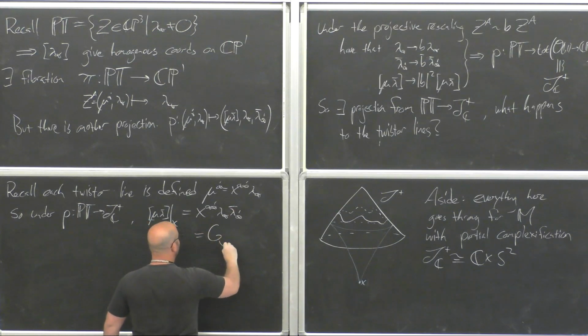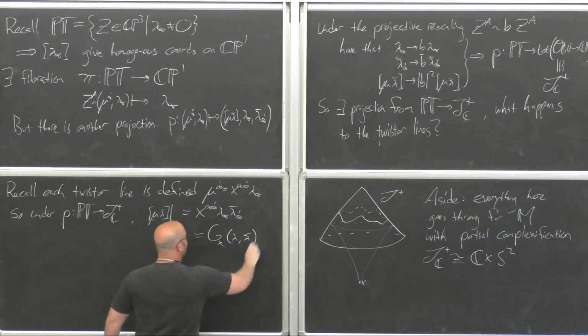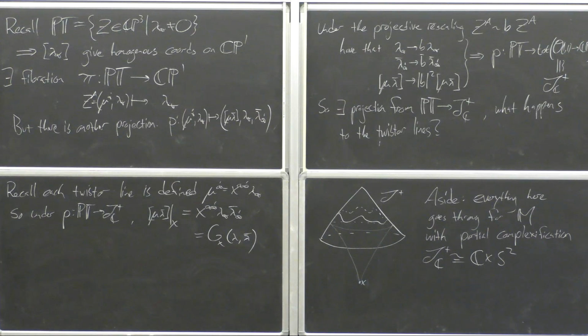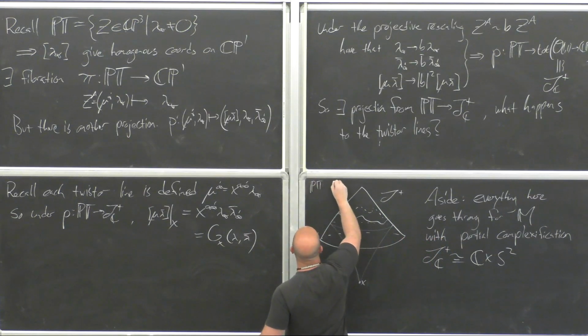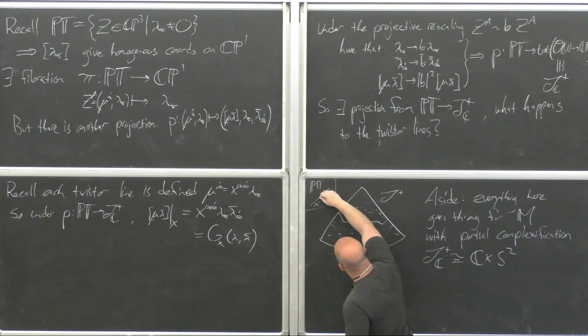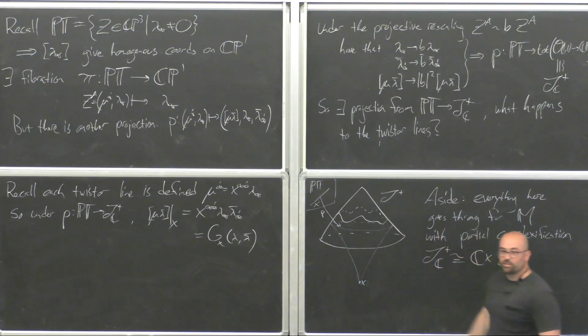And that's just, if you like, the cut function for the shear free null geodesic congruence that focuses back to the point x in space-time. So the picture one should have here, I should have drawn this further down, is that over here we have Twistor space with a Twistor line x, and under the projection P, this is getting sent precisely to the cut that the light cone whose apex is at x makes with Scry.